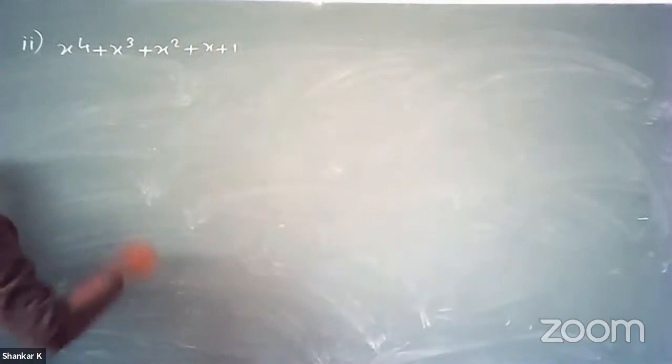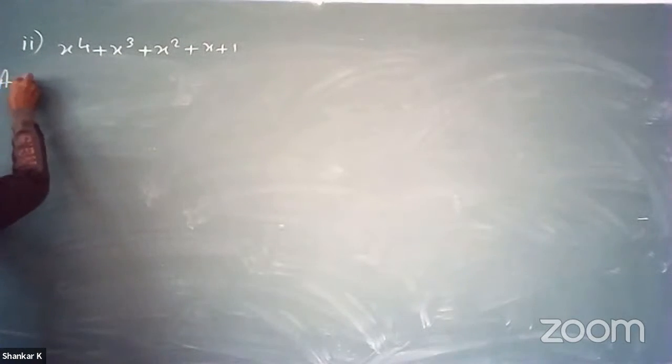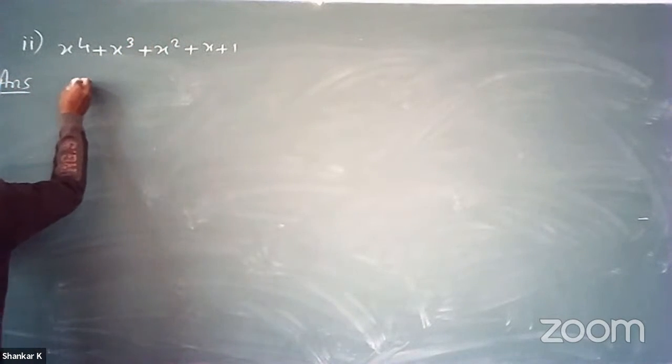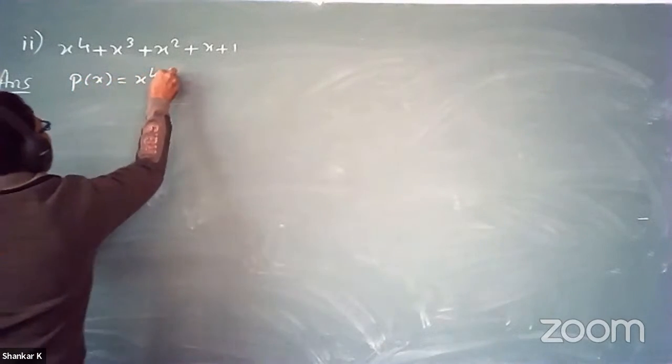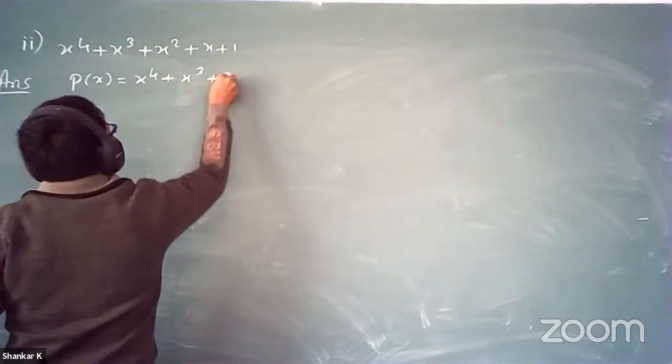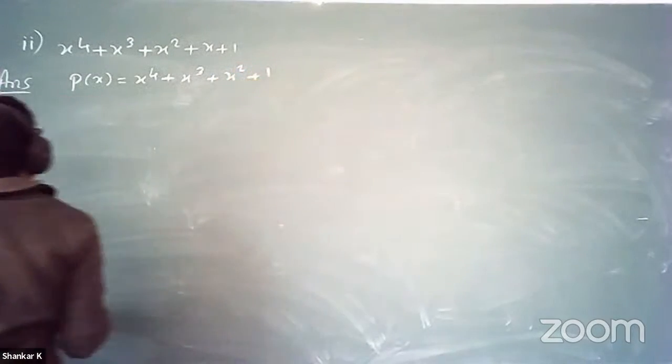So what is given here? Answer: using the factor theorem, first you write p of x equal to x raised to 4 plus x cube plus x square plus x plus 1.